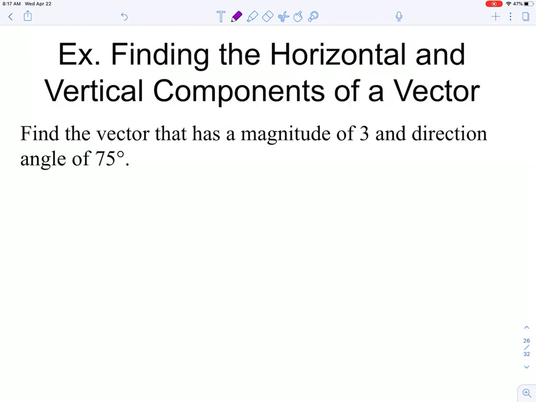Now let's say we wanted to find the horizontal and vertical components of a vector just given the magnitude of the vector as well as its direction angle. Well, if we take the magnitude times cosine of the direction angle, comma, the magnitude times sine of the direction angle.